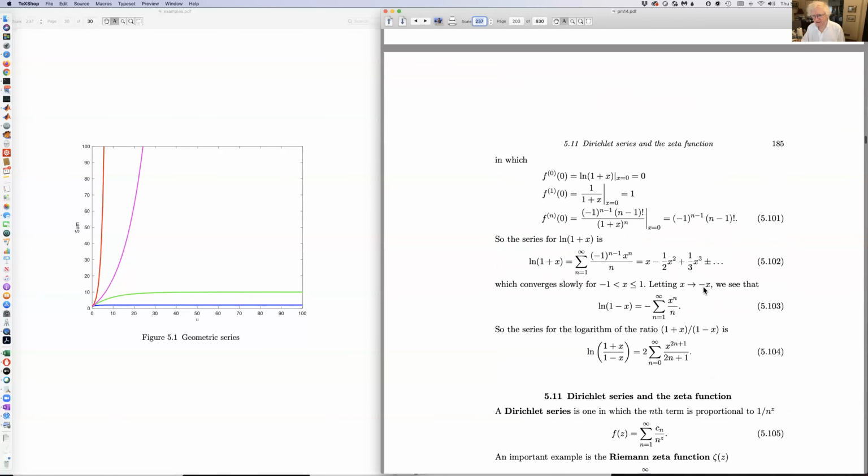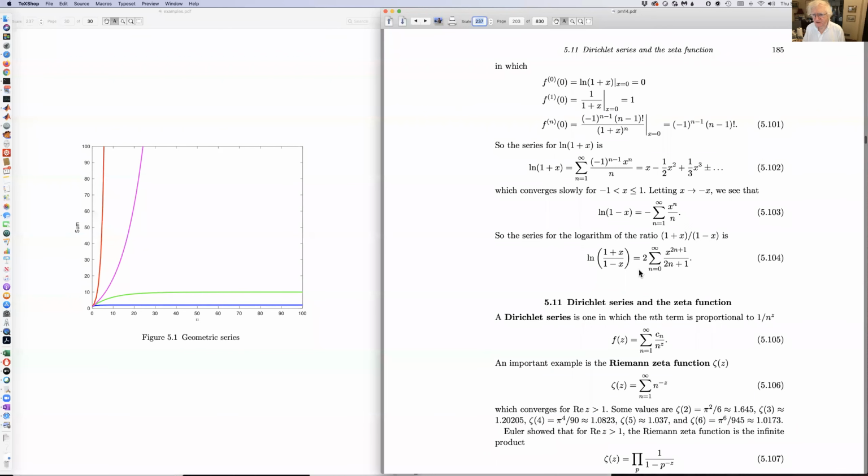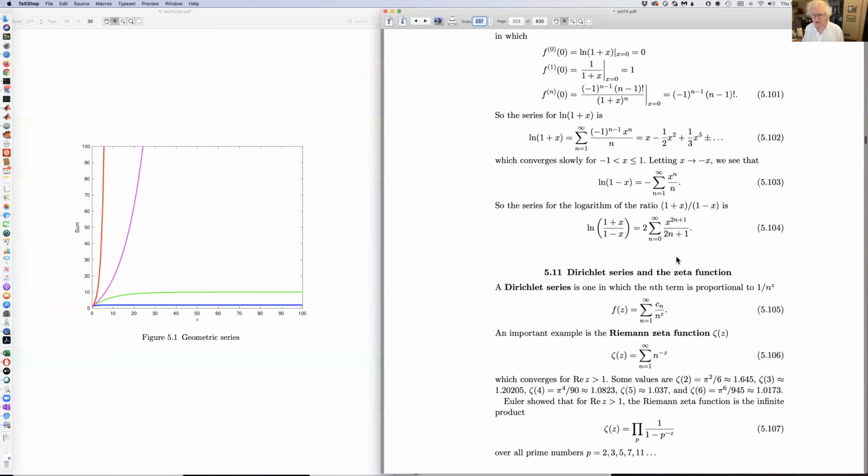It's exactly the negative of this series. The power series certainly converges for x less than 1 in absolute value. More generally, I'm not quite sure how well it converges. Anyway, the series for the ratio of the two is a simpler expression.